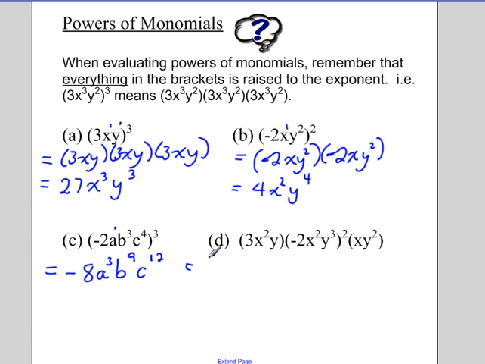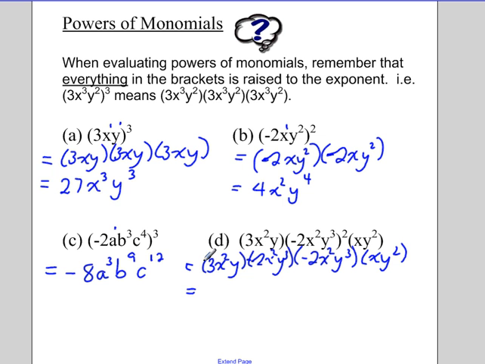So do 3x squared y times negative 2x squared y cubed, times negative 2x squared y cubed, times xy squared, and then go straight to what it would be equal to. That's one way of doing it.